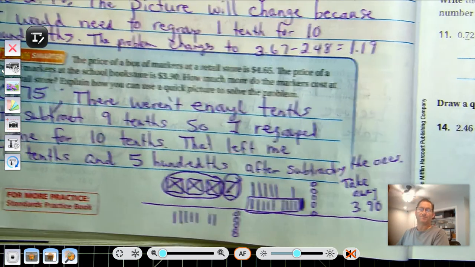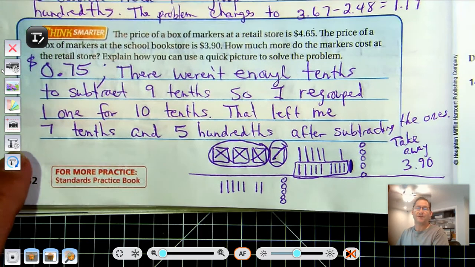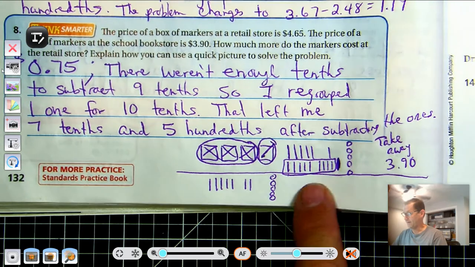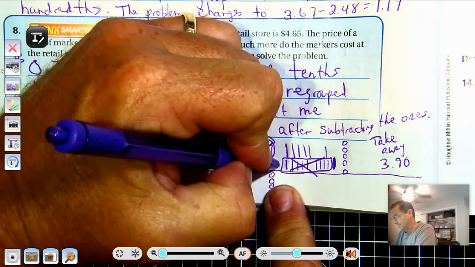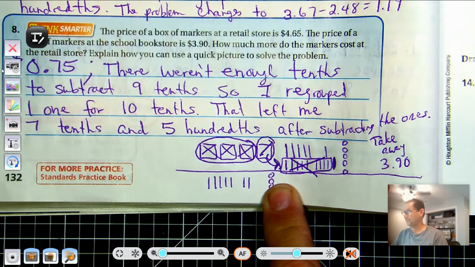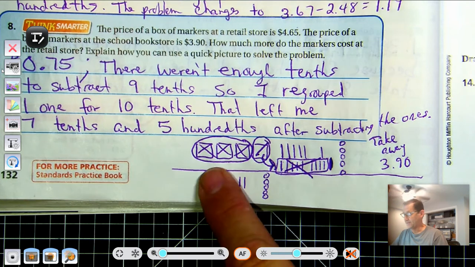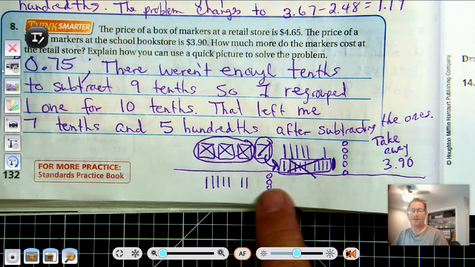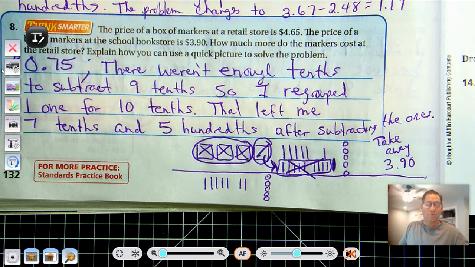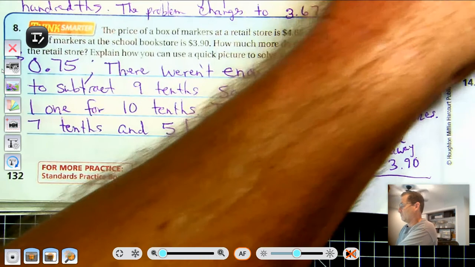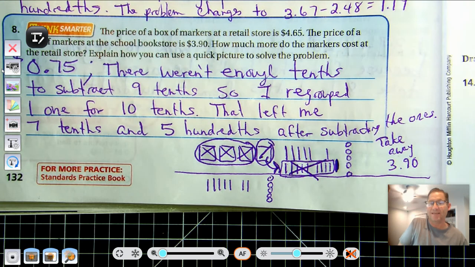After subtracting the ones, that left me with 7 tenths and 5 hundredths. So 75 hundredths. Okay, so in the next lesson we'll be talking about estimating decimal sums and differences. So until then, I will see you soon.